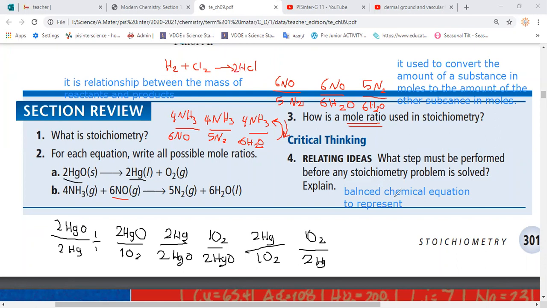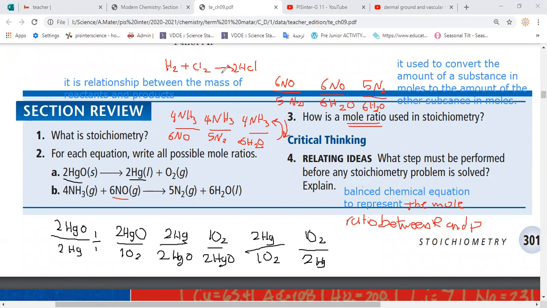So we must balance. The balanced chemical equation is used to represent the accurate mole ratio between reactants and products. You got it, guys? Is it clear? So we must start by a balanced chemical equation to represent the accurate mole ratio, because if it's not balanced, it will not satisfy the law of conservation of mass.